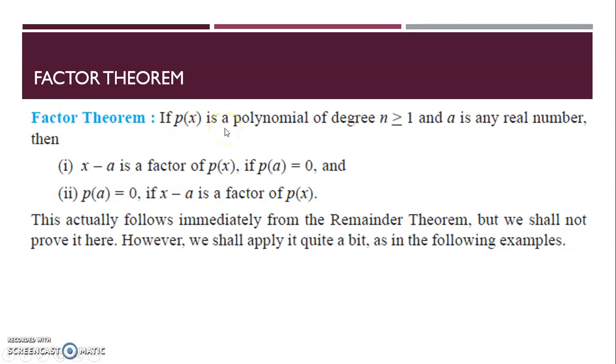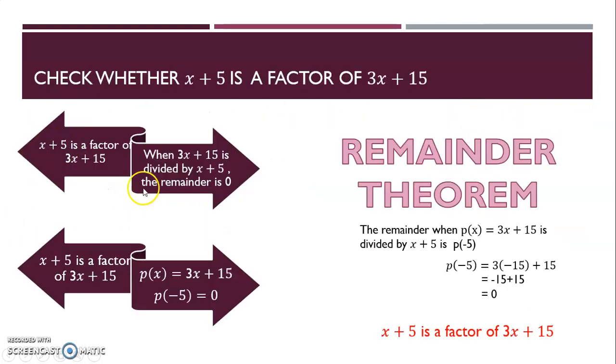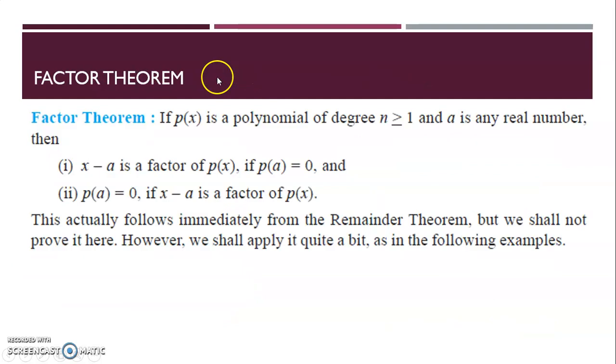What the factor theorem tells us is, if I have a polynomial p of x of degree n greater than or equal to 1, and a is a real number, just like in our previous example, then x minus a is a factor of p of x if p of a is equal to 0.